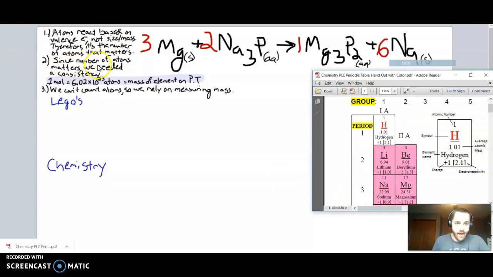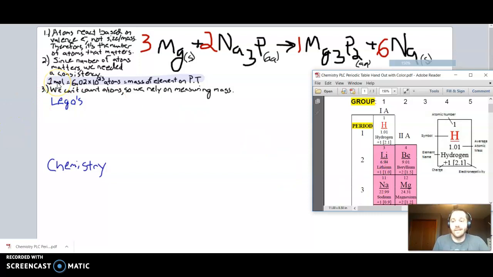Two, since the number of atoms matters, we needed a consistency to be able to measure them, because I can't just say 5 grams lithium, 5 grams sodium, because that's very different. There are a lot more lithiums in 5 grams than sodiums, just like there would be a lot more tennis balls in 5 pounds than bowling balls, because lithium's much smaller.